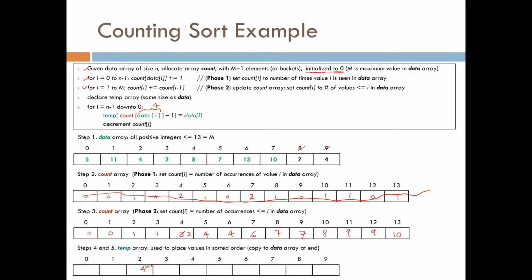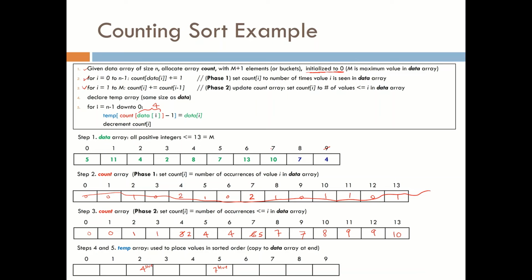Okay, we see that there's a 6. Subtract 1 from it. That's 5. And place the 7 blue here, because that's what is at index 8 at the top. And decrement this particular value down to a 5.